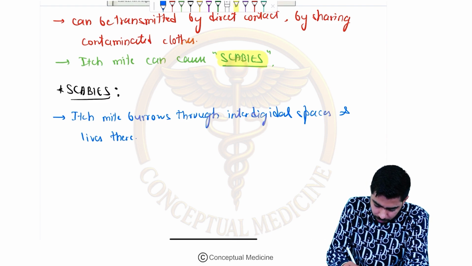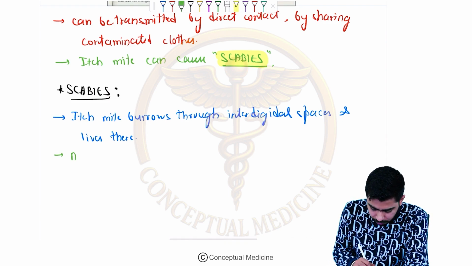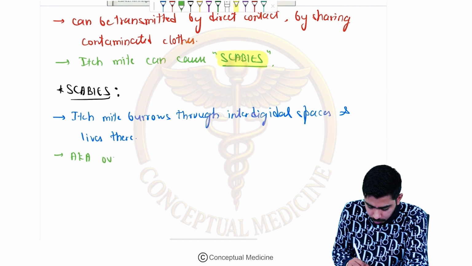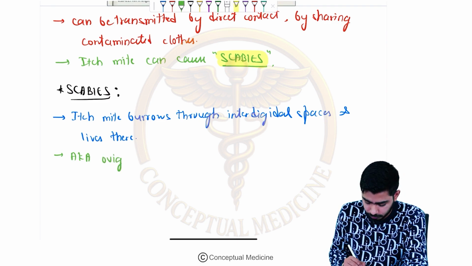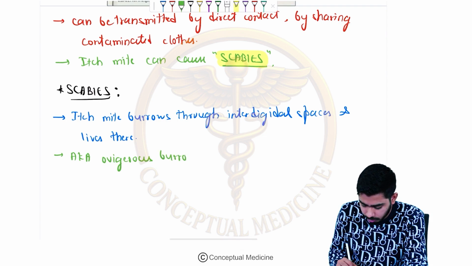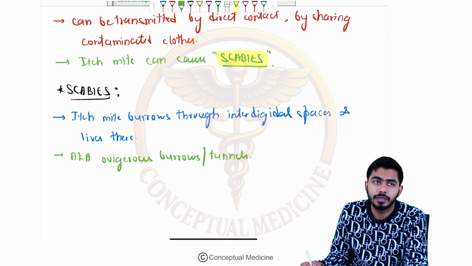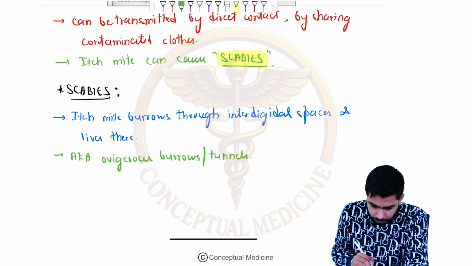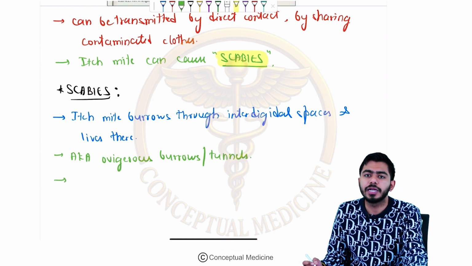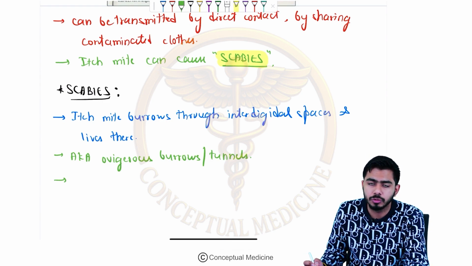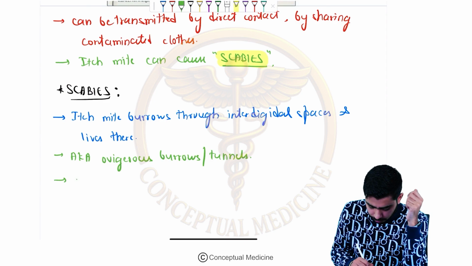Okay, one more point, guys, due to that they are also known as the ovigerous burrows, because they are laying the eggs over there, or they might also be called the ovigerous tunnels. Next point is that they are coming out usually at night time. Why is it so?